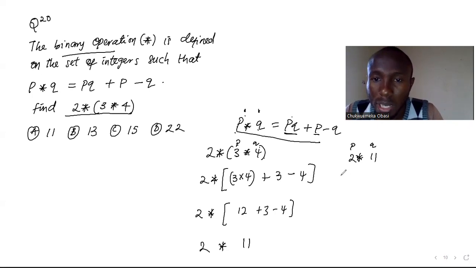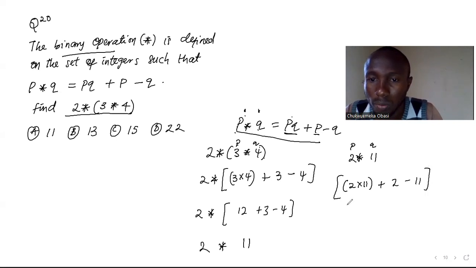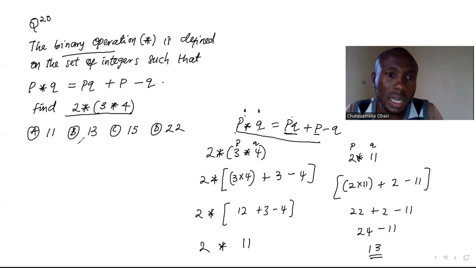So the result is p times q, which is 2 times 11, then plus p, which is 2, minus q, which is 11. This will give me 22 plus 2 minus 11. 22 plus 2 is 24, minus 11 gives 13. So our final answer is 13.